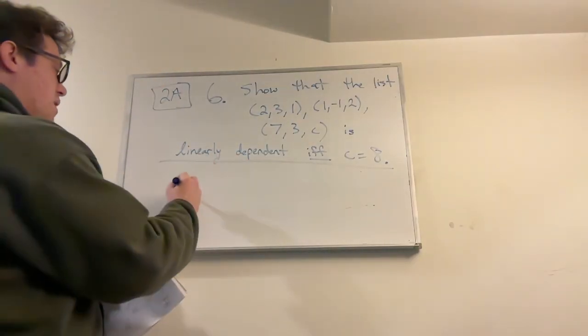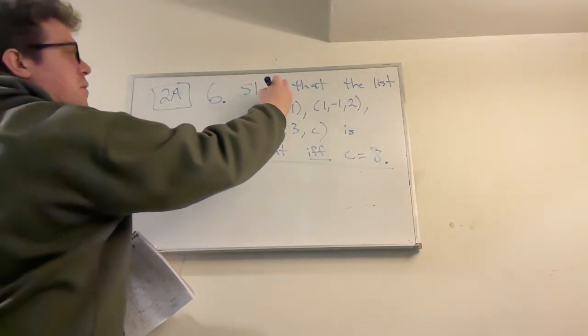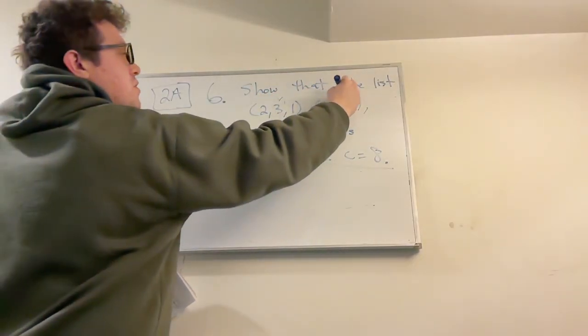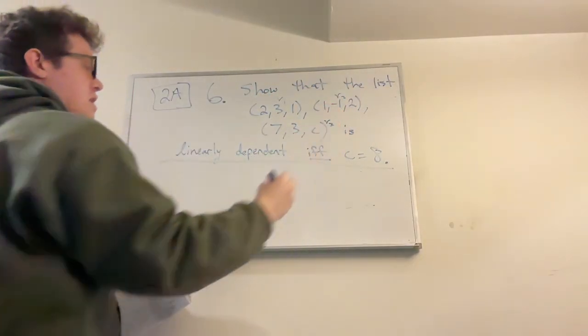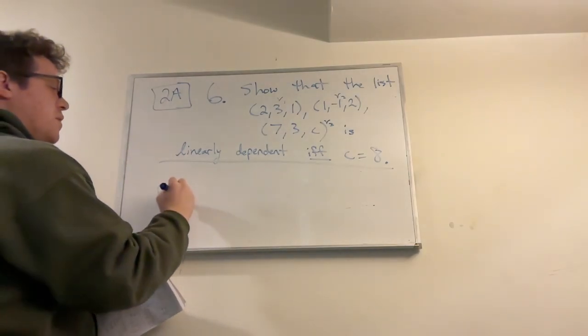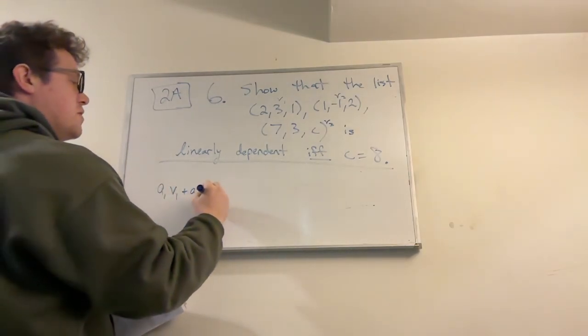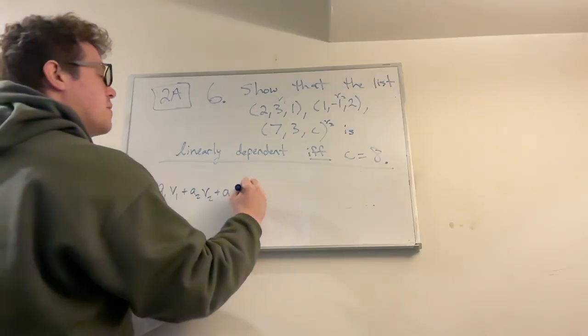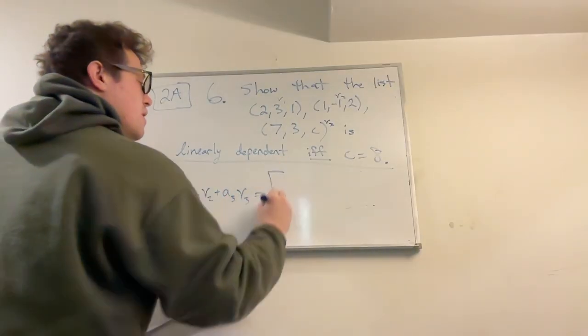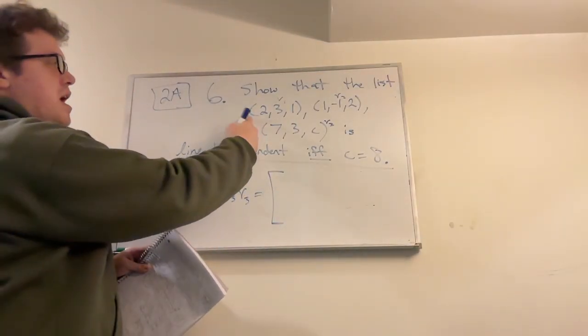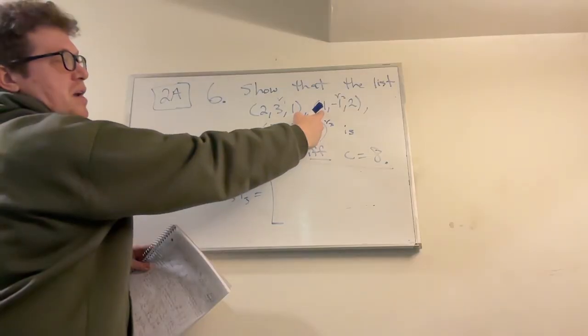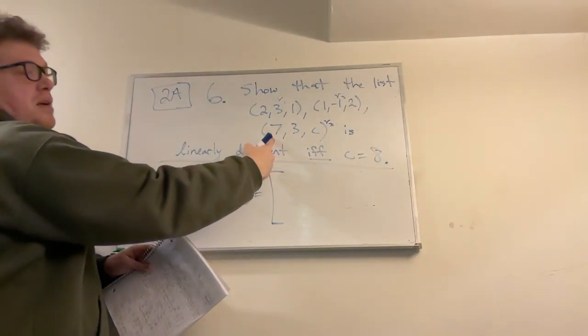So I'll just call these V1, V2, and V3. So a1 times V1 plus a2 times V2 plus a3 times V3. This is a1 times 2 plus a2 times 1 plus a3 times 7.